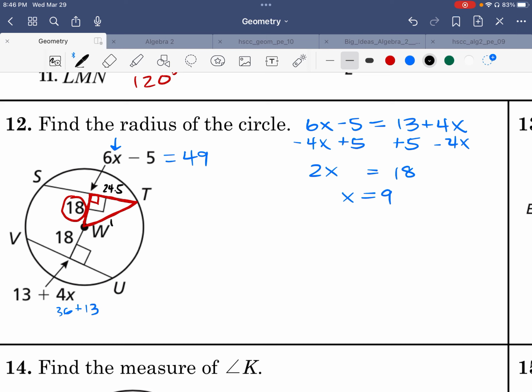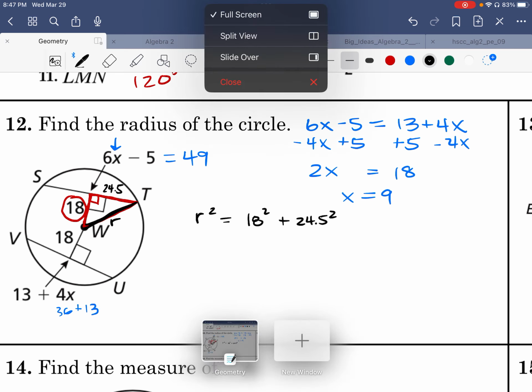And now we're going to use the Pythagorean theorem here. Remember, the Pythagorean theorem states that the longer of the two sides, also known as the hypotenuse, that side right there, if you square it, must equal the two smaller sides, the 18 squared and the 24.5 squared, added together. So we're going to take out our calculator and do the math on those right there.